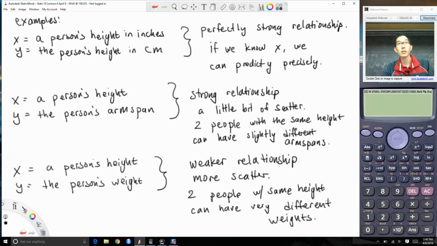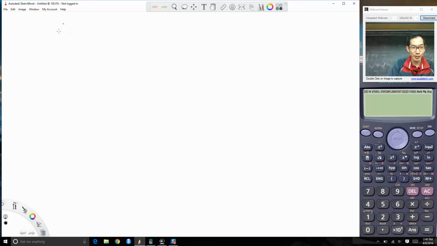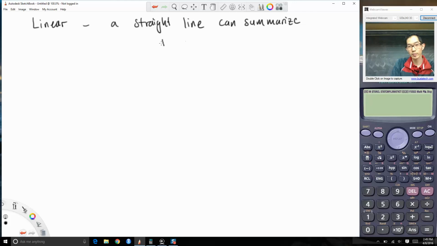All right. And then lastly, with our last minute, do you guys have this written down? It's very easy. We just have linear versus nonlinear. Linear means a straight line can summarize the relationship, and nonlinear, a straight line does not work.